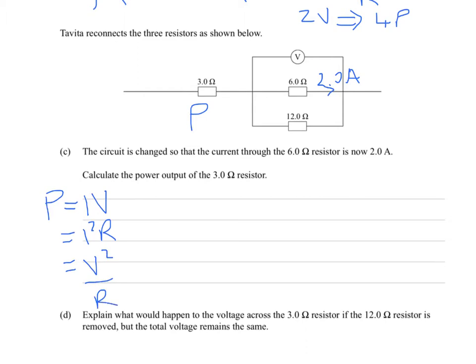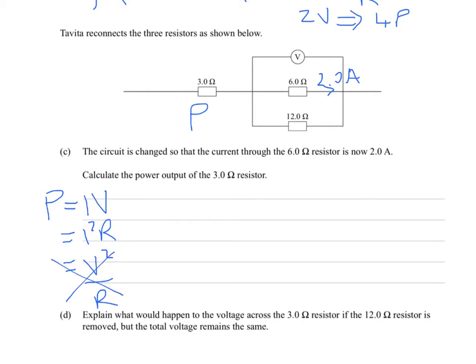Now, I don't know, we might be able to find the voltage. If we've got 3 amps through the 6 ohm, we can work out the voltage across that. And in fact, that's not going to be a good way. We're better off working out the current, I think.